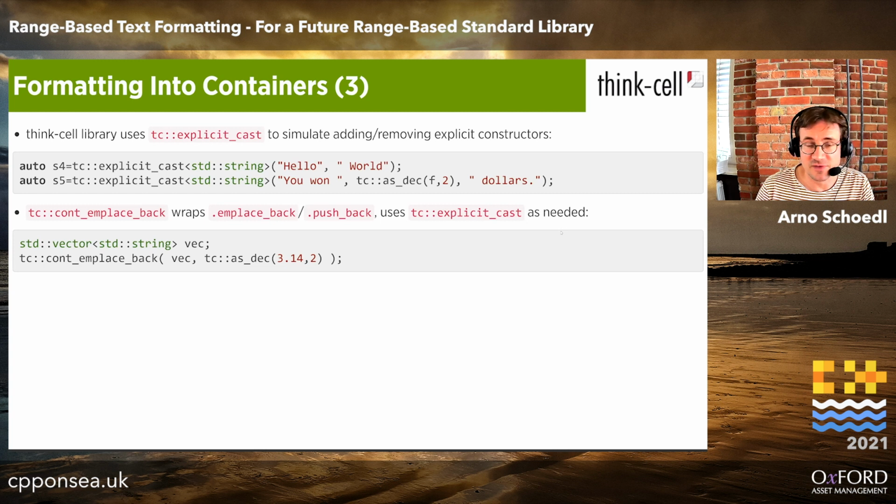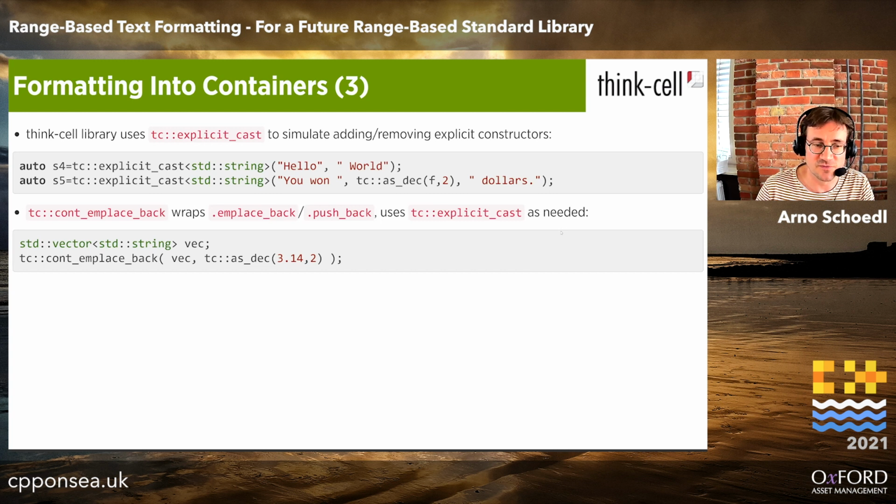There is a wrapper, for example, for emplace_back in the library, where you can just pass in a string. You can pass in something that constructs into a string. So here we have a vector of string, and you can actually do an emplace_back on that vector and pass in a range. And in that case it's a std deque, and that deque would actually be formatted into a std string.